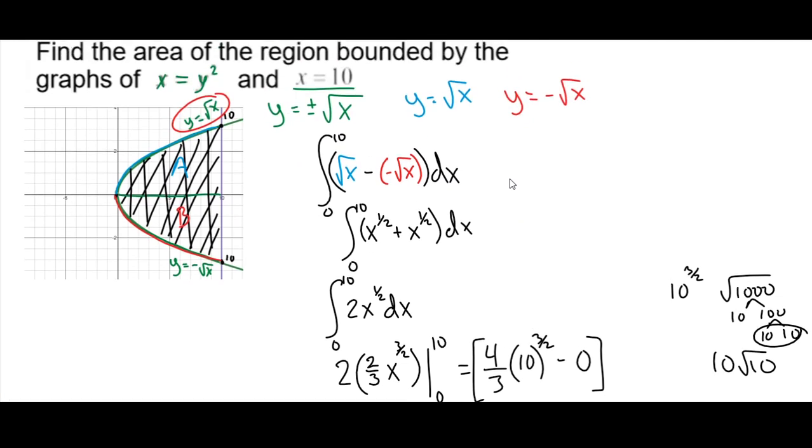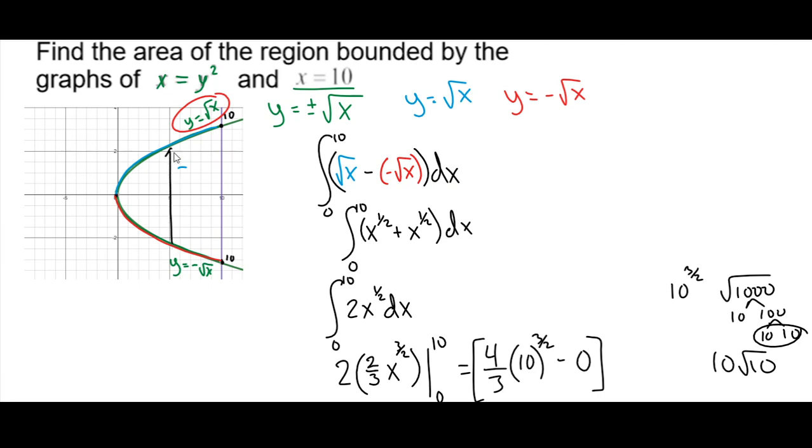The third way of doing this, and I'm not going to do it yet, is this: you notice that I was doing this with respect to x on this graph of an xy plane. Another way that you could do this is with respect to y. Instead of working your way from 0 to 10 and cutting your pieces vertically to do these areas underneath, you would switch this up and go from bottom to top.